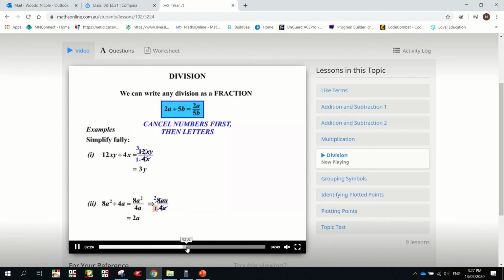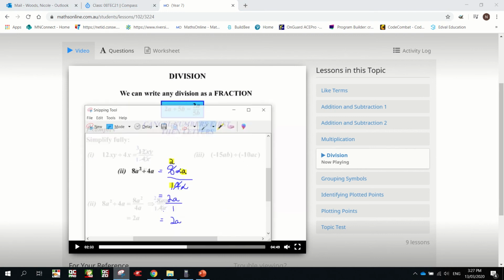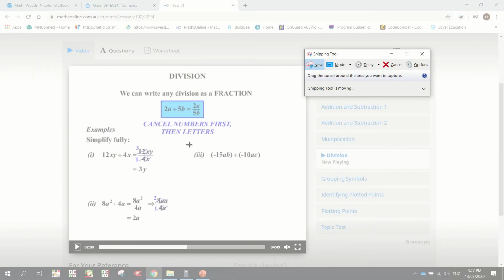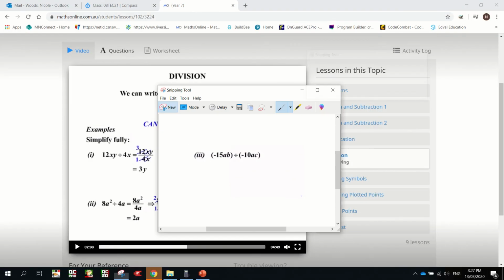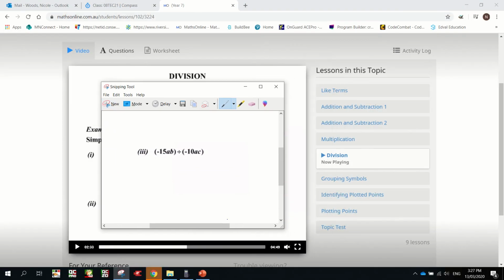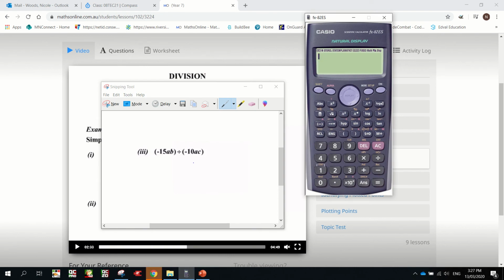Let's see how we went. Okay, went good. Let's try this one. Let's grab a snippet of that. Okay, don't let the brackets fool you. It's just trying to make it very clear as to what is divided by what.